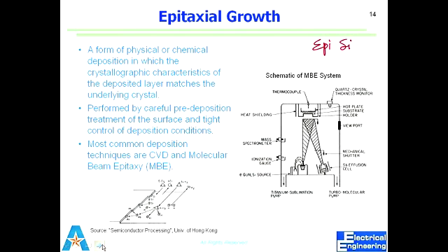So it's a very simplistic picture of an MBE system where you have an electron gun to evaporate material, and you have the substrate held up there, and you get the material deposited at that level.